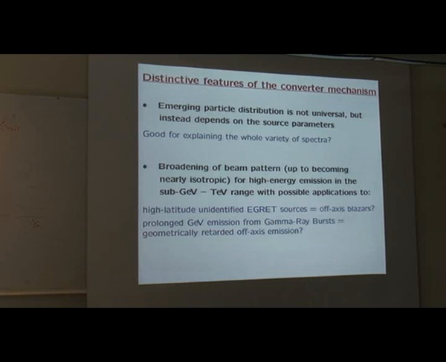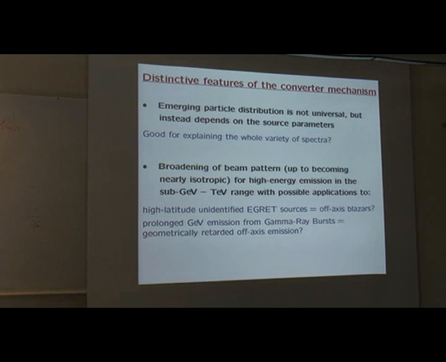And this is somewhat in contradiction to what we used to believe in the case of diffusive shock acceleration. We used to believe that it produces a universal acceleration spectrum, which is not in agreement with different radiation spectra. And in this case, you have different acceleration spectra depending on the parameters. So in principle, you can fit various spectra in the same mechanism.